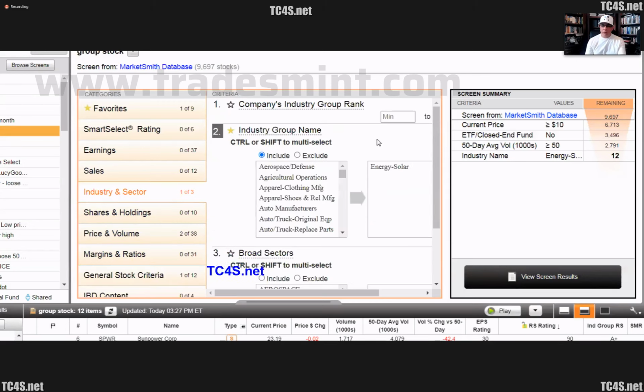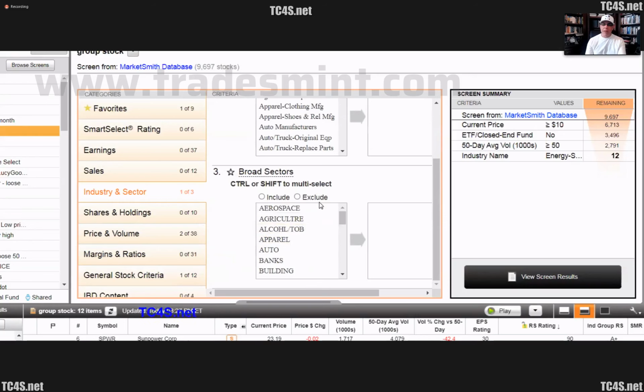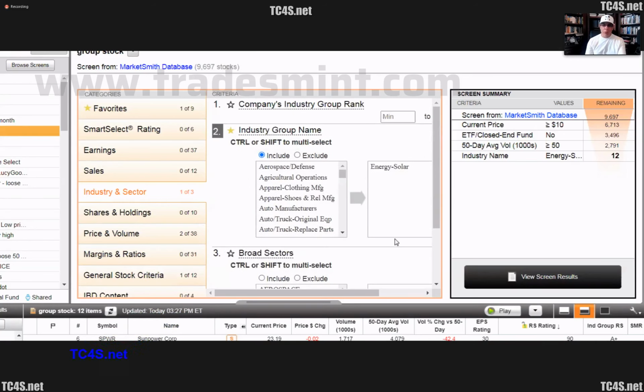Industry and sector. Am I missing something here? Hold on. Oh, it's right here. Broad sectors. And you can also go by broad sectors. So you can just decide which groups you want to screen. You can put all those groups in here. You want to have the apparel manufacturers, or you can exclude the cyclicals and run your screens with just those groups.